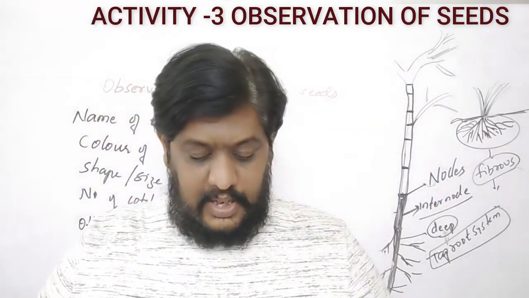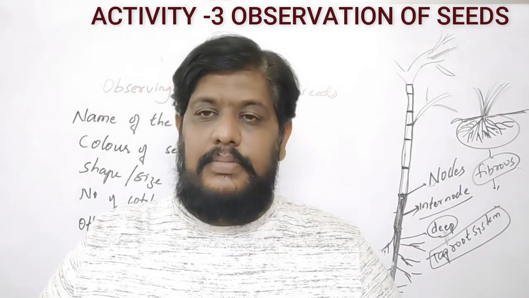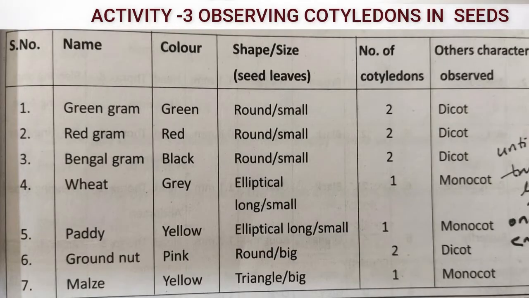In the table there are 7 different seeds given here: green gram, red gram, Bengal gram, wheat, paddy, groundnut and maize. If you check the colors, there are different colors: green, red, black, gray, yellow, pink, yellow. And for shape and size, they are round, small, elliptical, round, triangle.